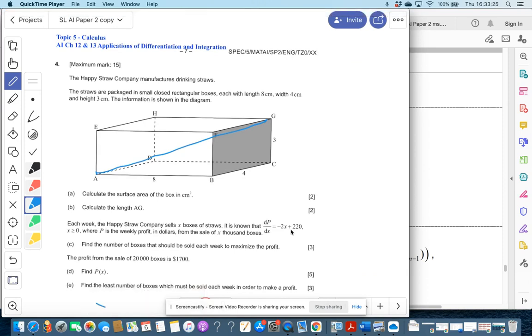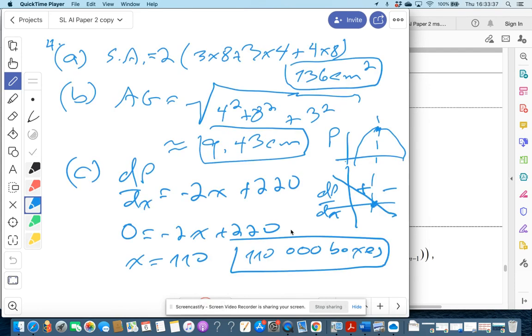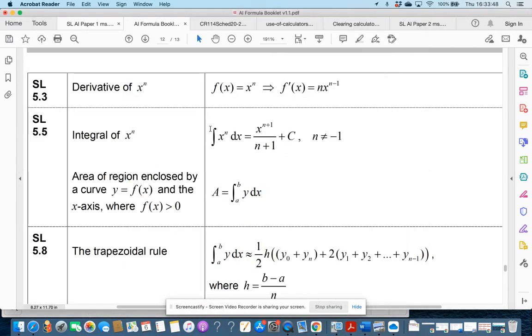D: the profit from the sale of 20,000 boxes is $1,700. Find P of X. This is an indefinite integral where we use the antiderivative of dP/dx.